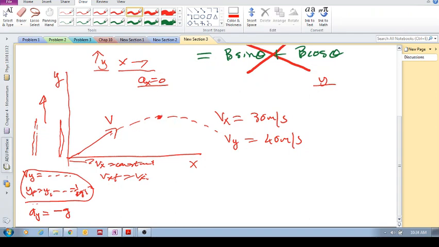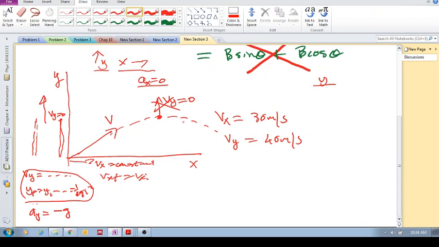In the vertical direction, right at the top, our Vy equals 0. There is no velocity component in the vertical direction. Then it switches and begins to come down again, and the velocity increases.